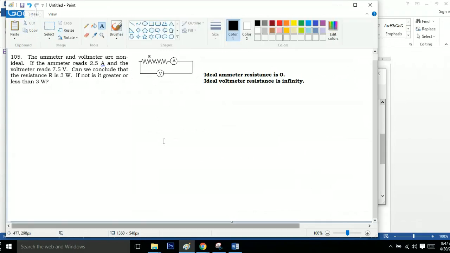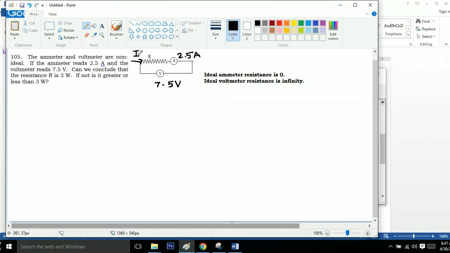Now let us come to this. Ammeter is reading 2.5 ampere, voltmeter reading is 7.5 volt. Then by looking at this diagram, can we conclude the resistance R is 3?